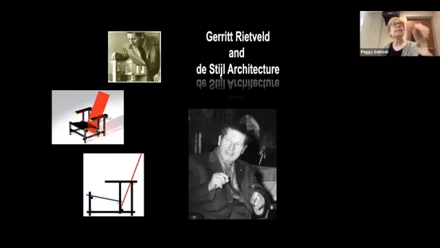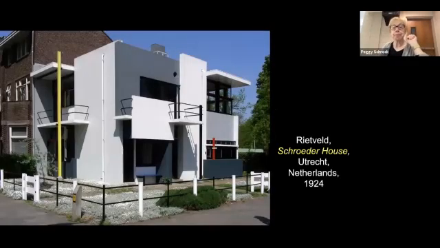It's a De Stijl. Gosh, we really are unstable today. This is the most famous Rietveld house, the Schroeder house in Utrecht. And it's also an excellent example of De Stijl architecture, which is a type of international style.